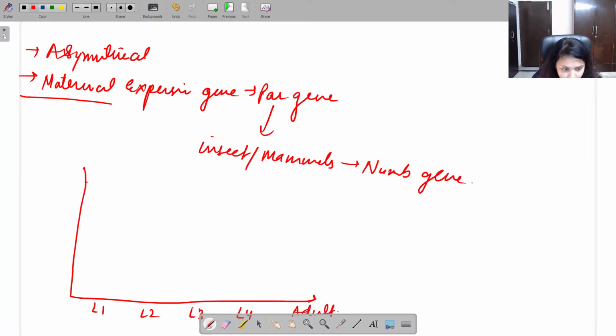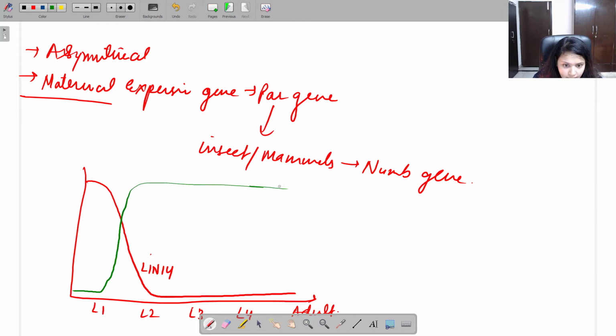In the very early stage, L1, this red line shows Lin14, one of the factors which is present at the L1 stage but not present at later stages of development. Another factor is Lin4 RNA. This Lin4 is not present at the L1 stage but present at later stages of development.